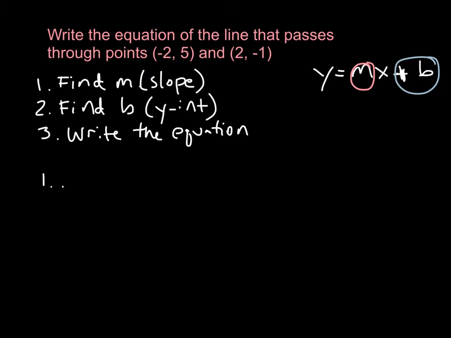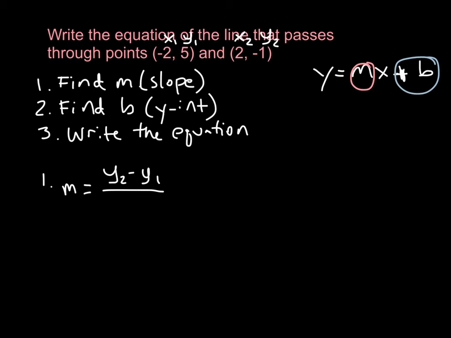Now we just did this, like I said, but I'm going to go ahead and just show this really quick. Here are my points up here. I'm going to go ahead and label those. This is my x and my y of my first point, and this is my x and my y of my second point. And now we're going to put those into the slope formula where they belong.